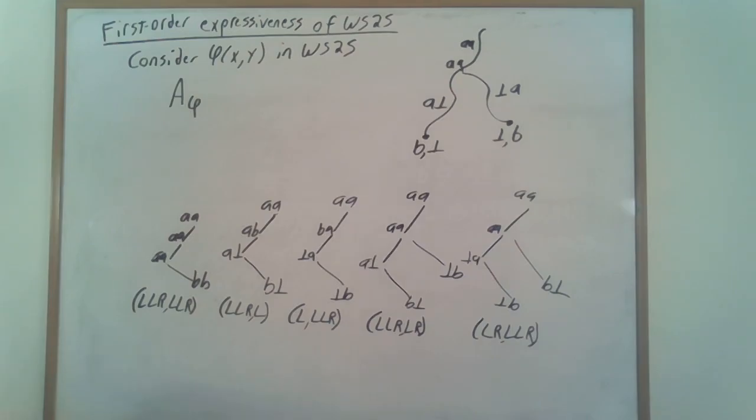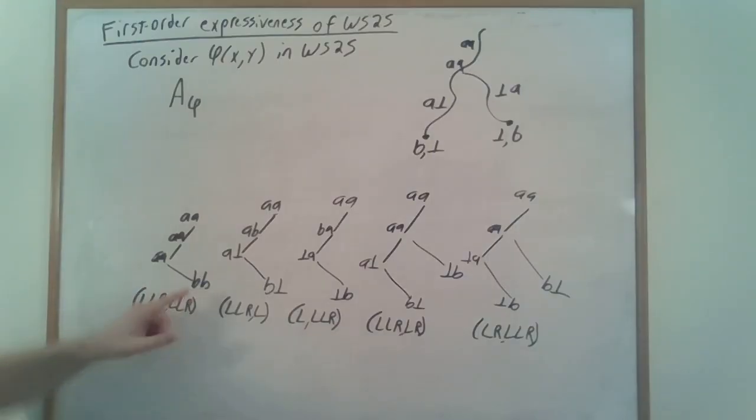Now again, just like our analysis with weak S1S, this first shape where x is equal to y is the easiest one to analyze. We're just looking at languages of tree words that contain only tree words of the form some branch, it's AAs along that branch, and BBs at the end of the branch.